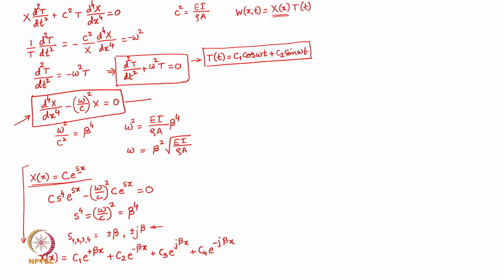Okay, which can be written in an alternate form, which I am going to use. So I am basically going to write this same expression as A cosh beta x plus B sinh beta x, plus C cos beta x plus D sin beta x.